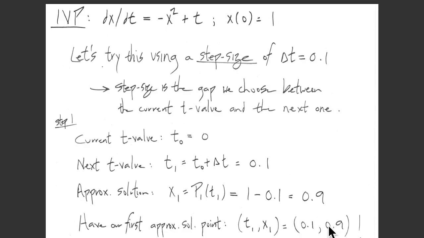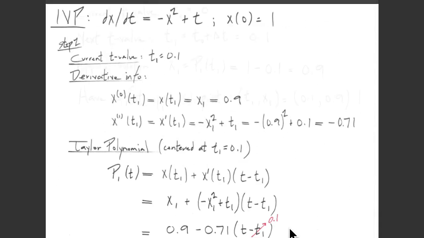Let's move on to step 2 then. Step 2 is going to correspond to basically starting at this point and computing another step away for that differential equation. So our current value now for step 2 is our t1 value from step 1, 0.1. We look at our derivative information.